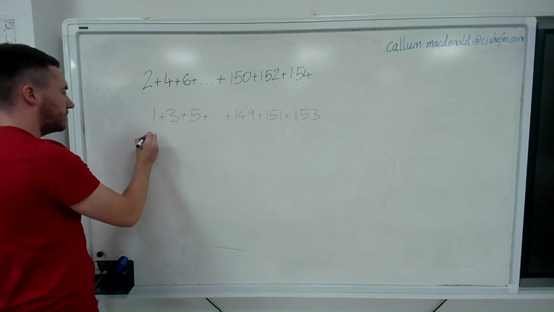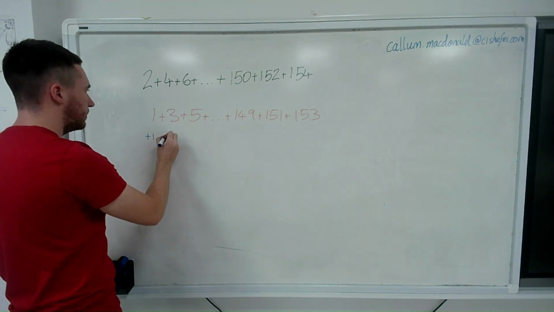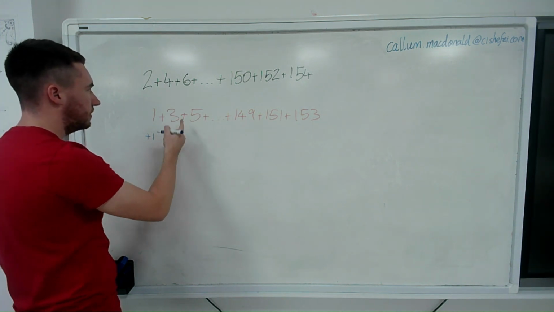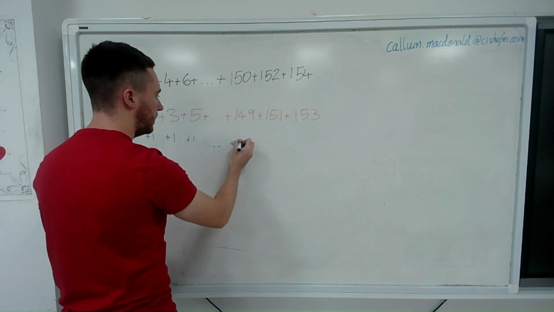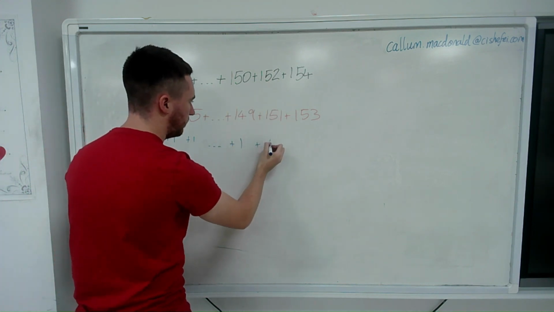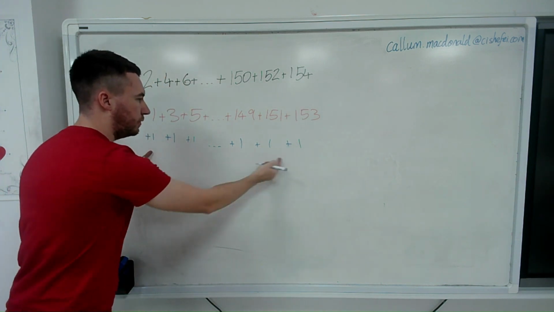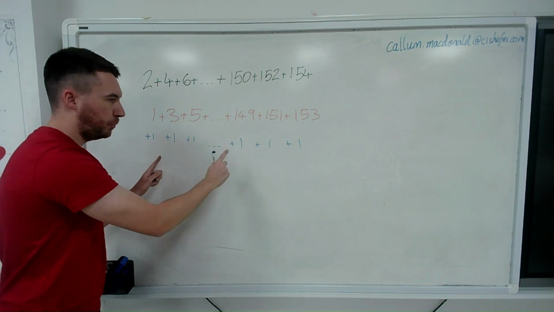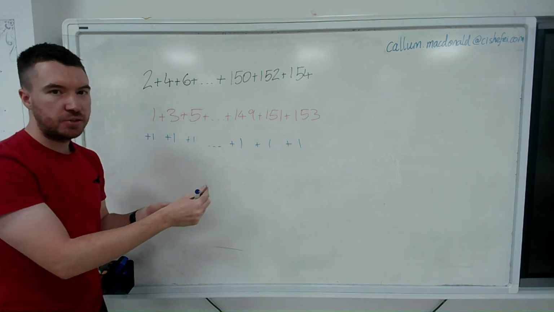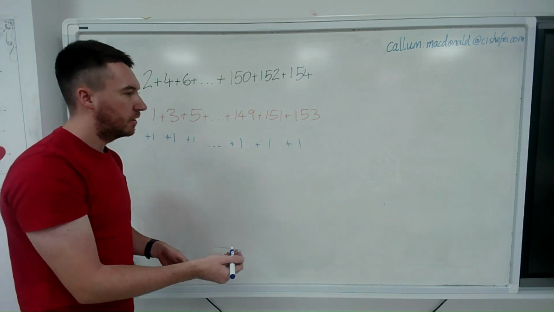Okay, so 2 is 1 plus 1. 4 is 3 plus 1. 6 is 5 plus 1. And we'll get plus 1, plus 1, plus 1. And we'll get a whole sequence of number of terms of plus 1s, which will just be plus the number of terms times 1, which is just plus the number of terms.